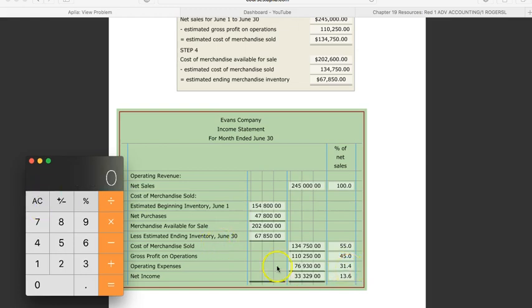Same thing, we're going to divide 33,329. We're going to divide that by our net sales up here, the 245. And that's going to equal 13.6. We just move that decimal over twice. If this were a 5 or higher, this would turn into a 7, but it's not, so it's 13.6. Put that amount right here.